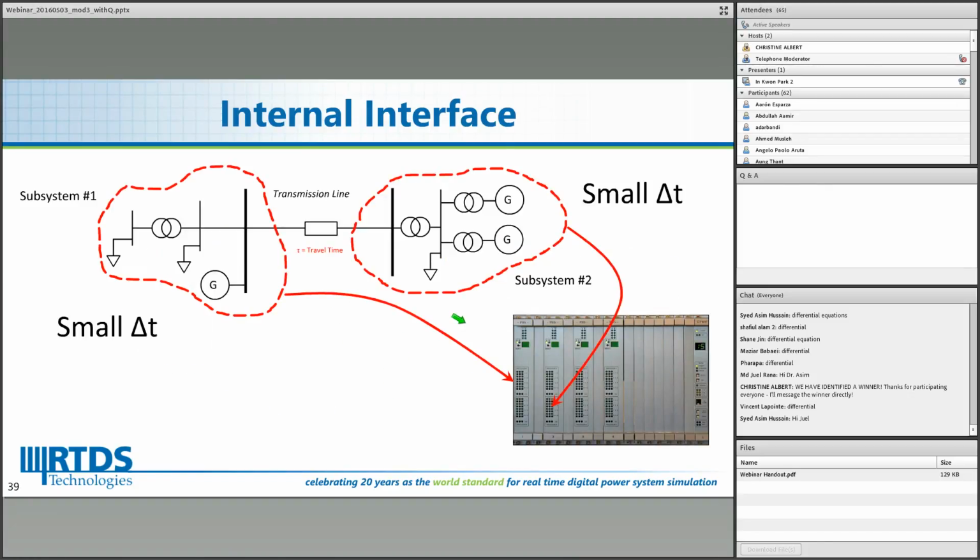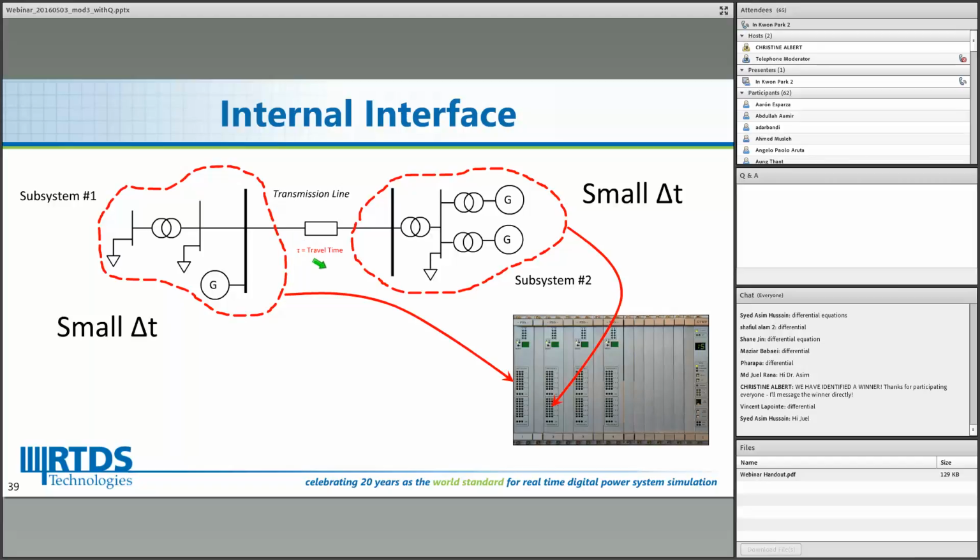And the same issue arises when you are dealing with a quite substantial size of small time step network. Here, what we are looking at is a big power electronics circuit. Then you can separate that big power electronics circuit into several sub-circuits by using shorter transmission lines. Because in small time step simulation, or in your power electronics simulation, the size of a time step should be very small in comparison with the size of a large time step.